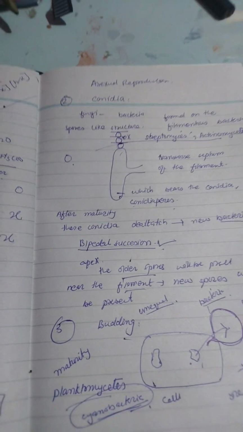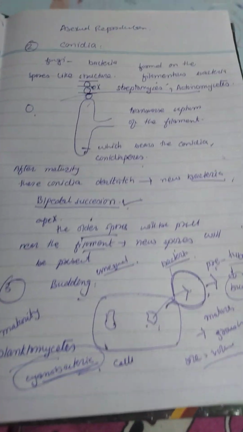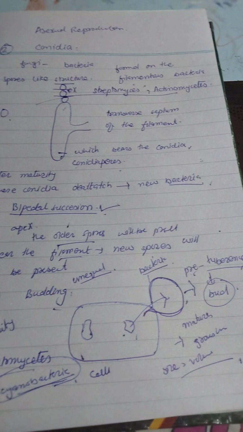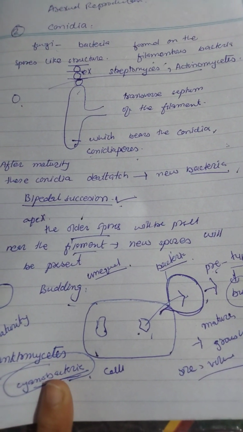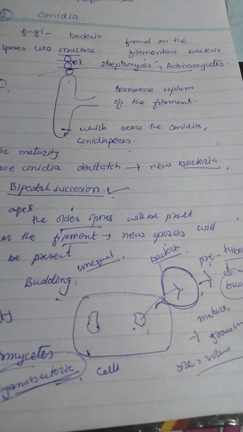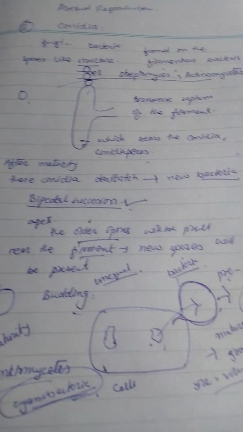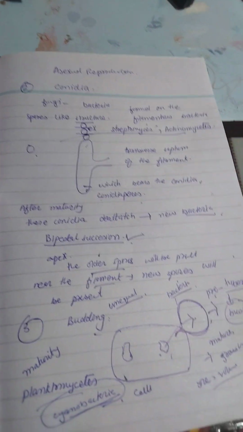Binary fission is very common, it happens in every bacteria. Now conidia happens in the filamentous bacteria, and budding happens basically in some cyanobacteria. It is also seen, but obviously there are very few cases of it, right?